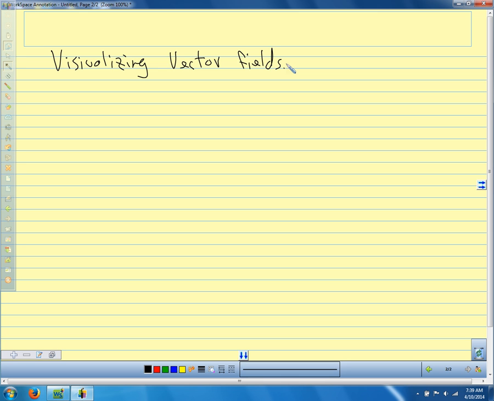We can always just plug in numbers into our function for our vector field and plot those vectors. But we want to have some tools to be able to do it in a more systematic way. One tool that we can use, so we can plug in numbers.